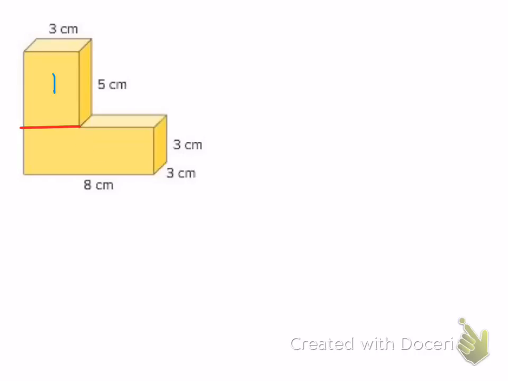The other way is to split it here and to look at this as shape 1 and this as shape 2. I'm going to keep it this way, and for your notes purposes, I need you to keep it this way as well. All right, so I want you to find the volume of shape number 1. Take a second, put your answer in just for the volume of shape number 1.